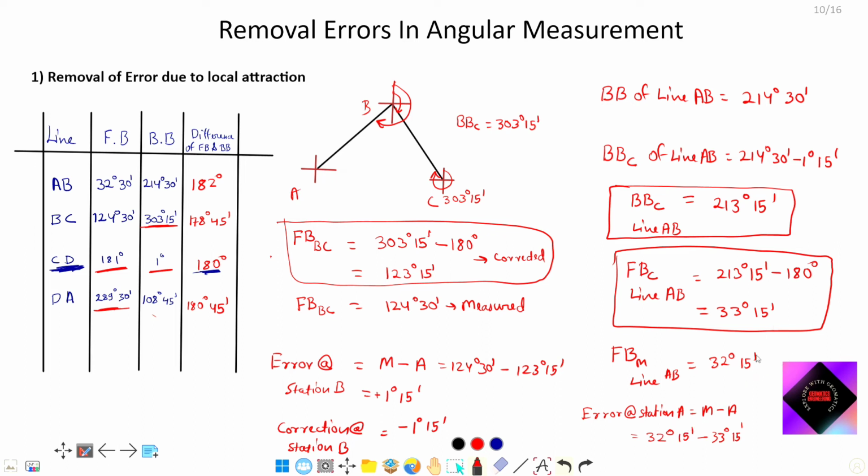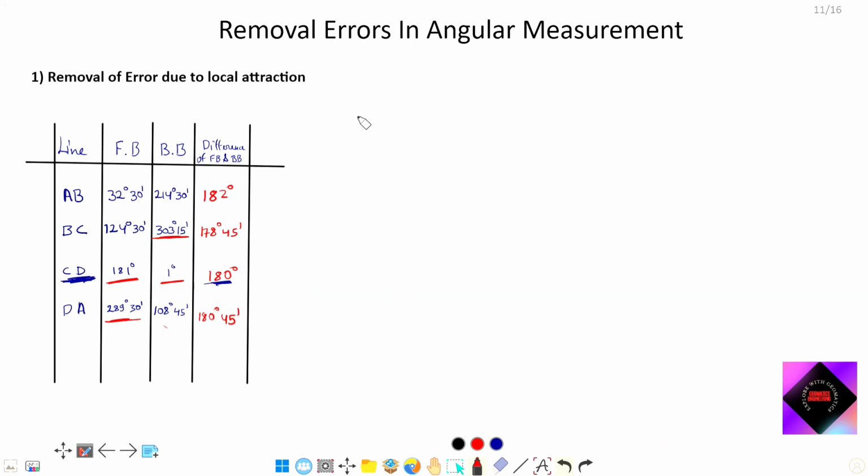It is given 32 degree 30 minutes. It's my mistake, sorry. So what will be our next error? The error will be minus 45 minutes. This much amount of error will be in all readings taken from station A. So we got the error at station A.